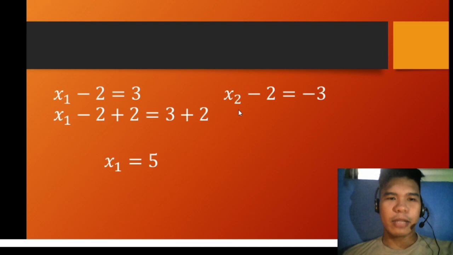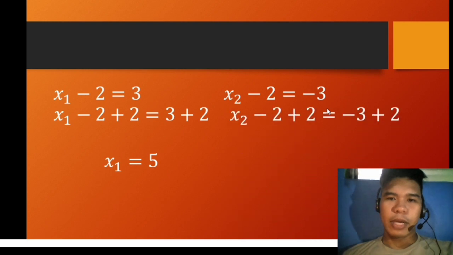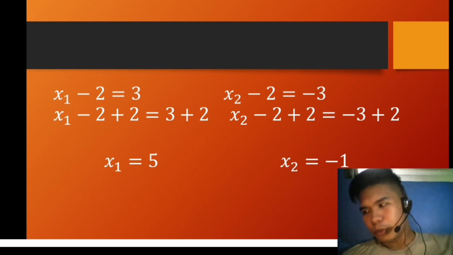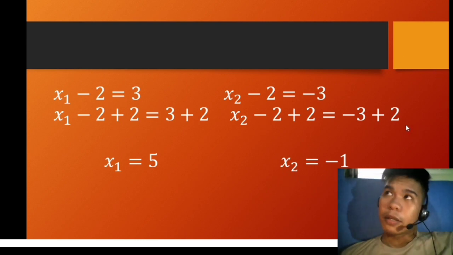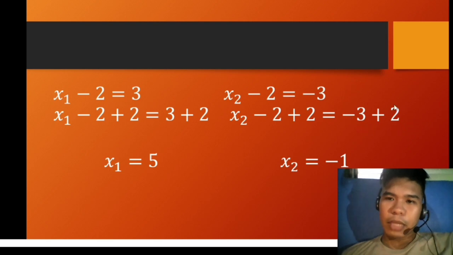So we have here x sub 2 minus 2 equal to, this time we use negative 3. So following again the process, eliminate negative 2. So we need to add 2 to both sides of the equation. Negative 2 plus 2 here is now 0. So this will become x sub 2. And then you use the rules in combining integers.